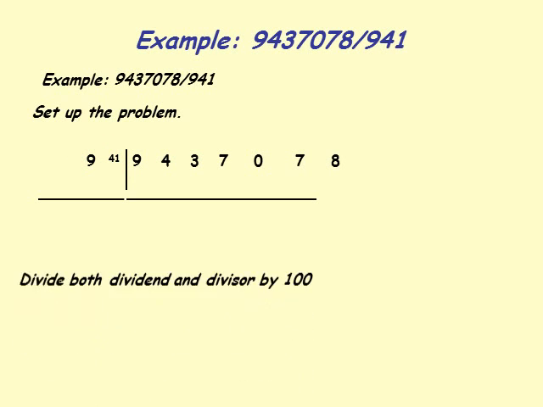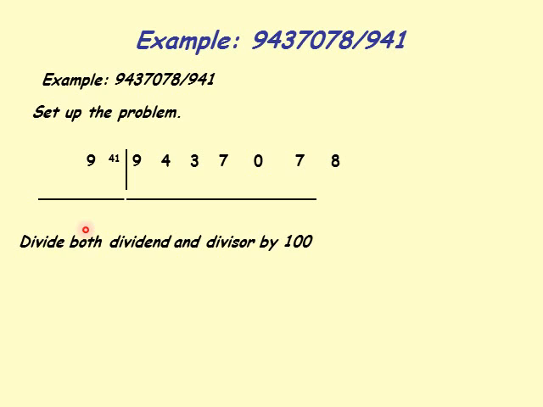Let's continue here. First thing we do is divide both the dividend and divisor by 100. What we are trying to do is leave only one digit of the divisor on one side and the rest of that as a remainder.